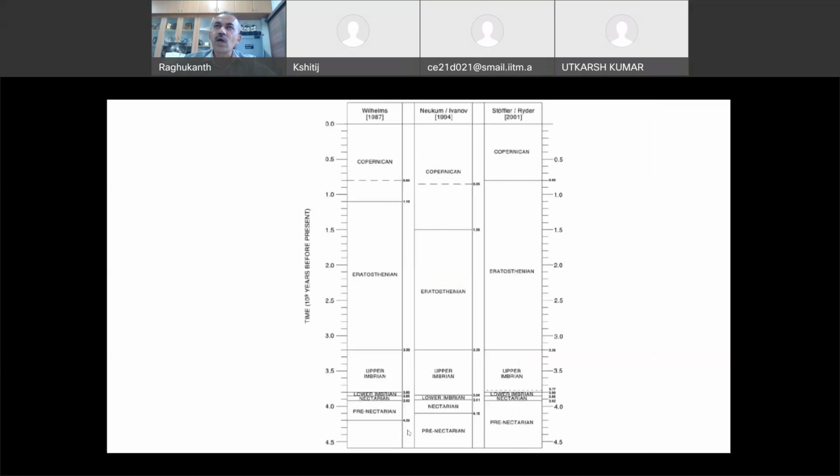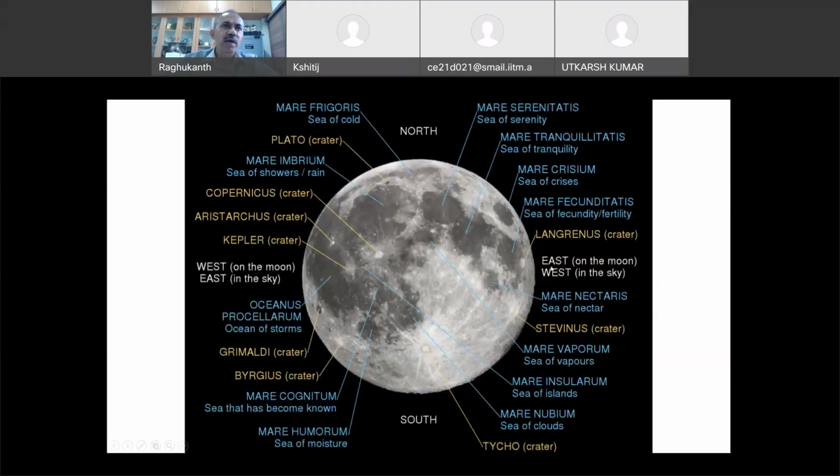So this is a Moon geological scale given by 3 scientists. You can say the pre-Nectarian, then you have the Upper Imbrium, Imbrium. These are all crater names they have given. Then the Eratosthenian crater, which is also somewhere here. So based on all these crater ages, they have classified.